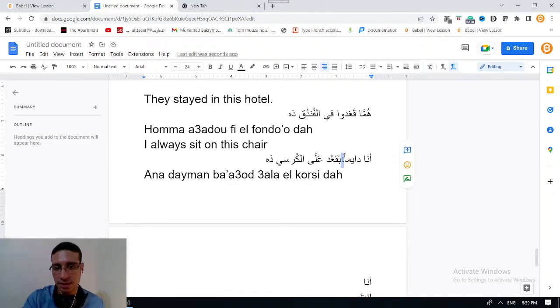Okay, so أنا دايما, here I want to remind you of these two lines above the alif. They are pronounced like an. This is called tanween. So an, without the letter noon, this is pronounced like dayman, because it's dayma and then an. It's like the word shukran. How to write shukran? We write it like this. We don't write it with noon, but we write it like alif and then those double letters.